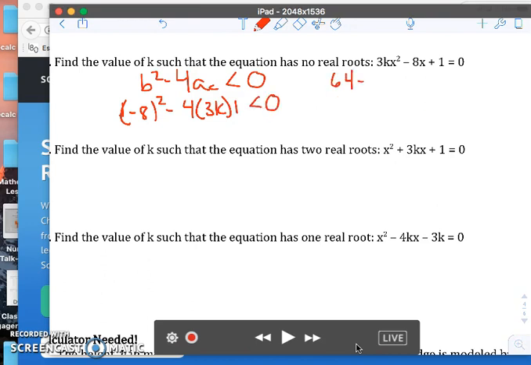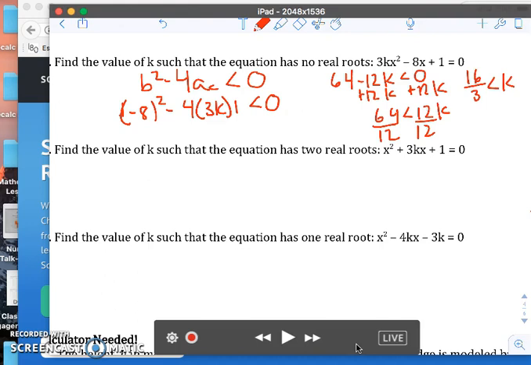So that's 64 minus 12k has to be less than 0. Let's see, we could add the 12k. So 64 is less than 12k. Divide by 12. So we have 64 over 12, let's see, 32 over 6, 16 over 3 it reduces down to, is less than k.